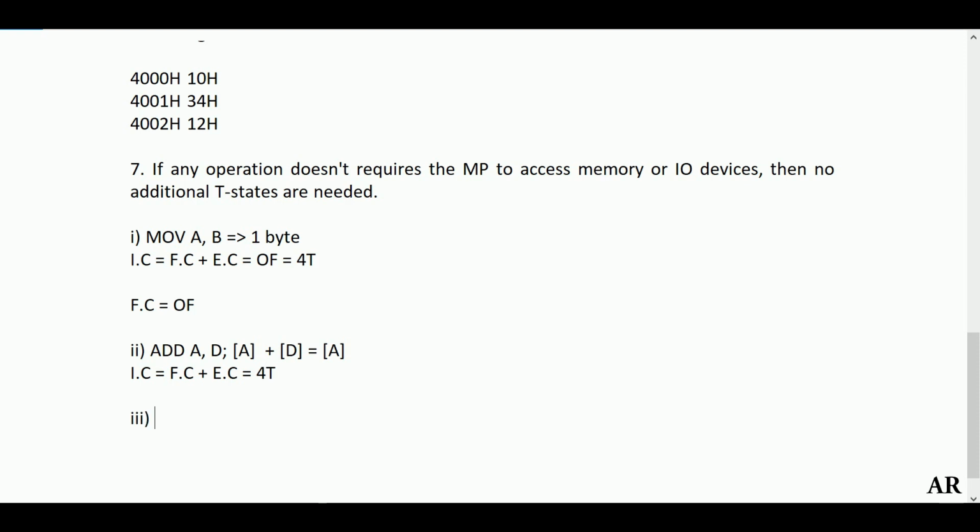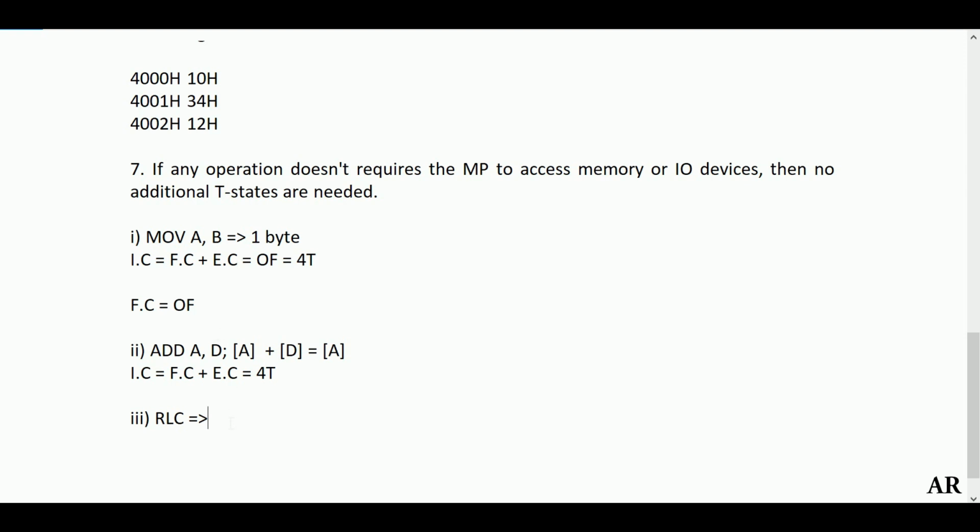Next example is RLC. RLC is just an opcode, so it will take only 1 byte for storage. Here again it will take 4 T states, the same logic we have seen before. Instruction cycle equals fetch cycle plus execute cycle. RLC means rotate the content of the accumulator towards the left, and everything needed for executing this instruction is inside the microprocessor, that is the carry flag as well as the register, the accumulator.